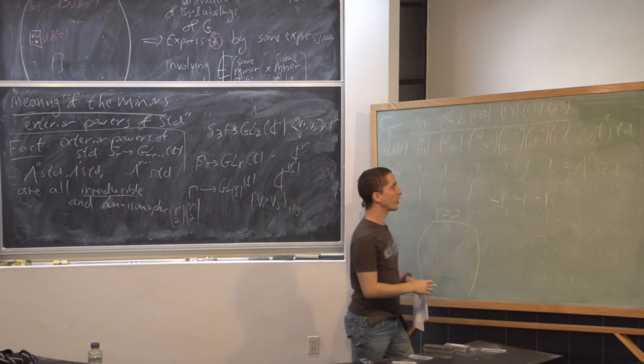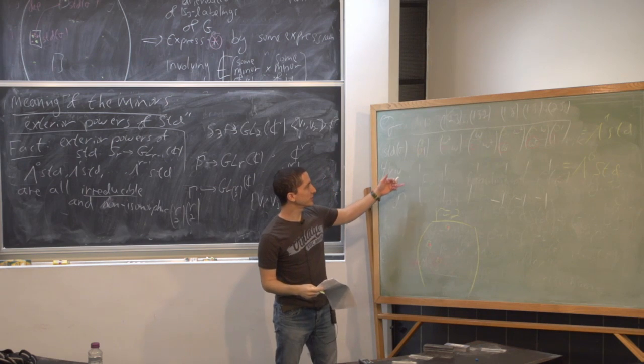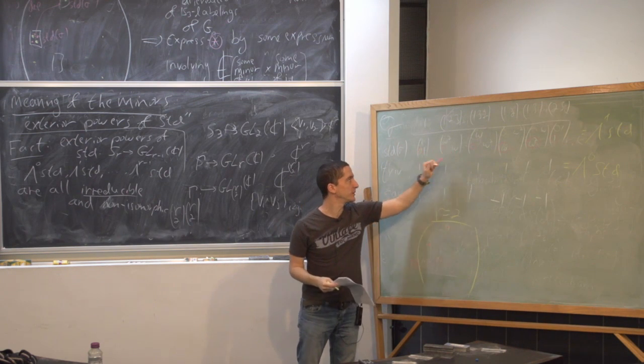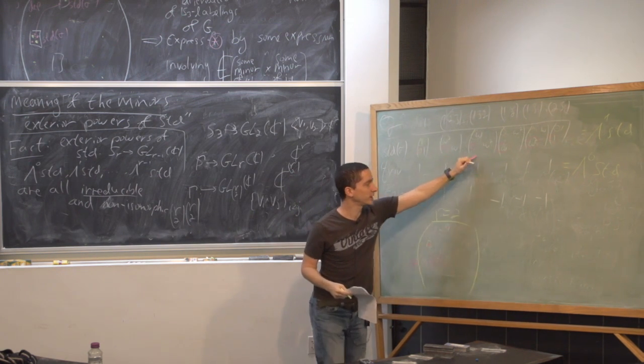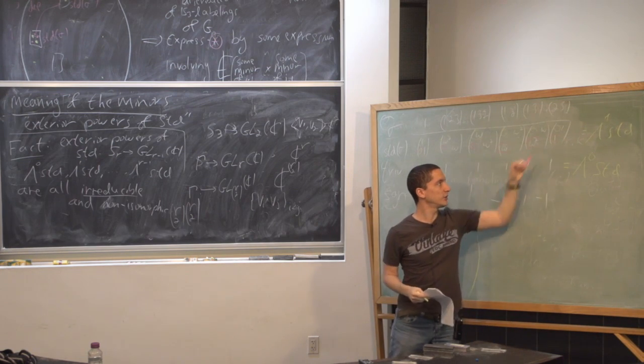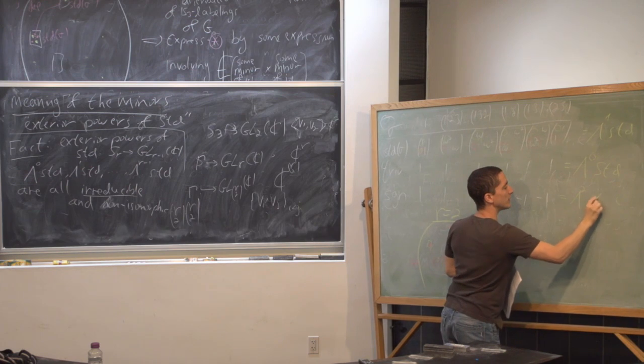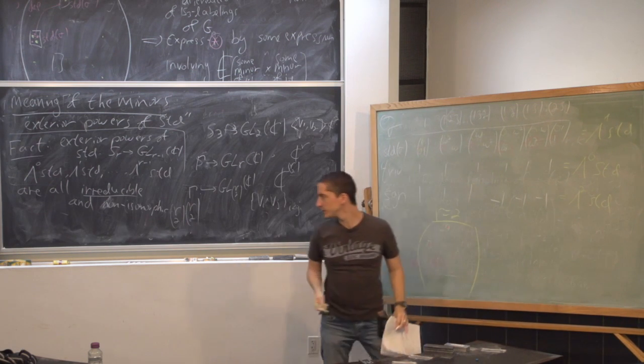And what is the second exterior power? In this case, it is represented by all 2 by 2 minors. So you have just one, which is the determinant. If you take the determinant of each one of them, you can see that the determinant here, here, and here is 1, and here, here, and here, it's -1. So you see that this one is the second power.